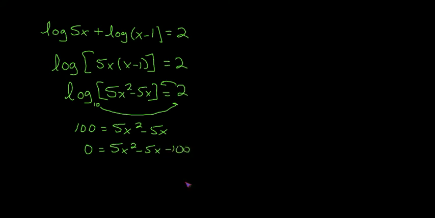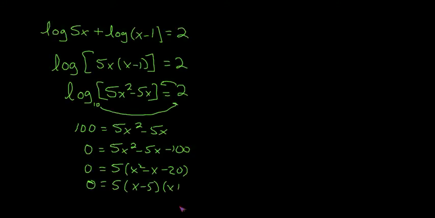So on this one, we have a common factor of 5, which leaves us with x squared minus x minus 20, and that breaks down pretty nicely into x minus 5, x plus 4. So we need a little more room, so we're going to bring it back up top here. So if I do my factors, I've got 0 equals 5, which obviously is not true.